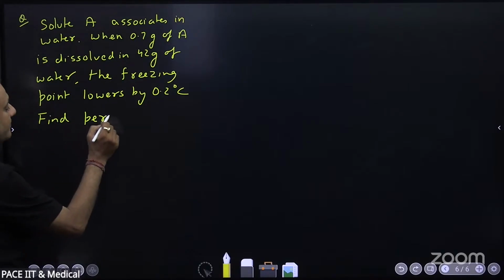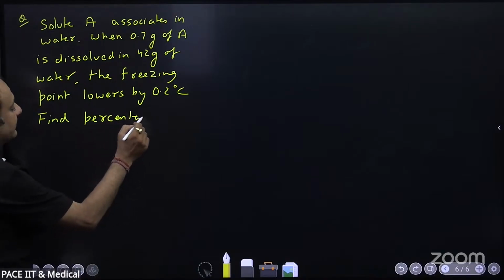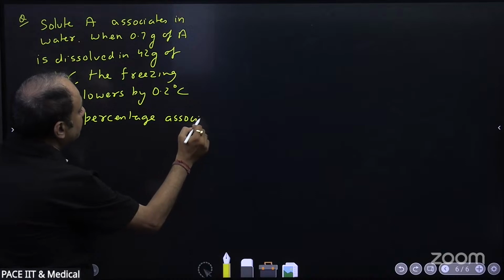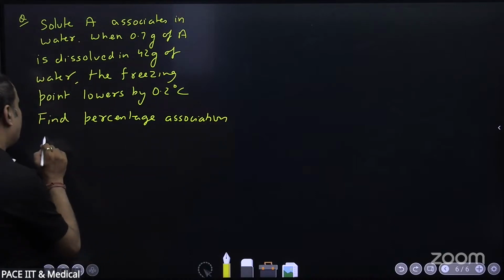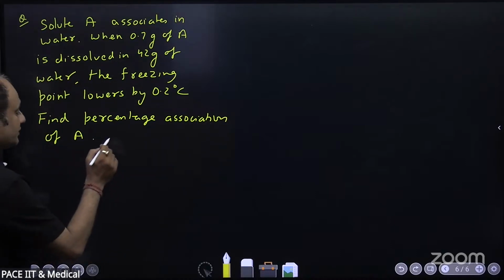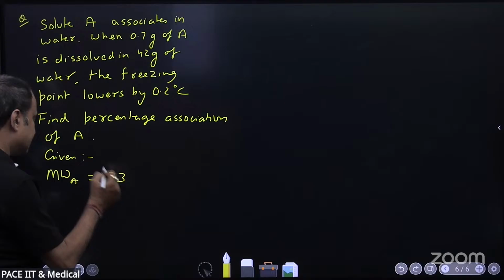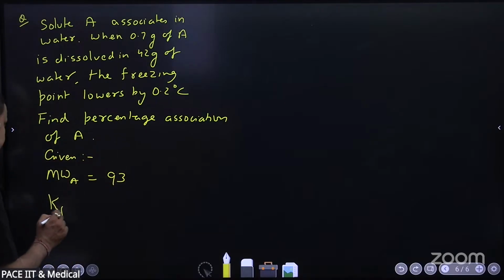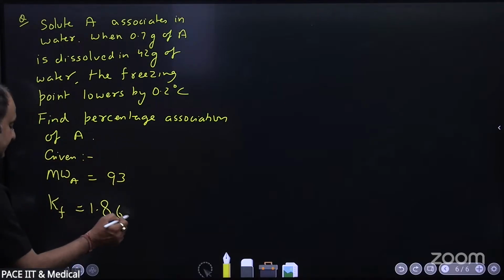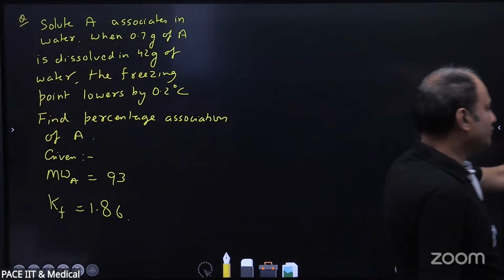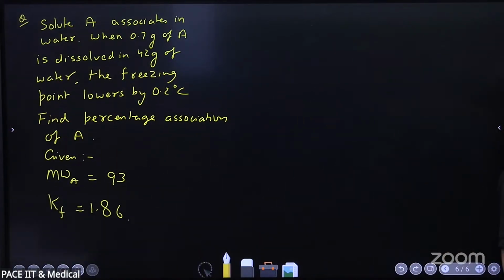Find the percentage association of A, given molecular weight of A 93, Kf 1.8. I will give you a minute to go through the problem and make your approach, then I will solve it.